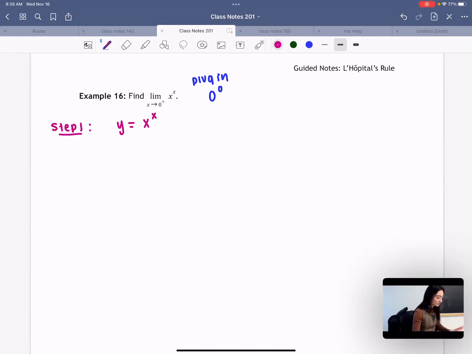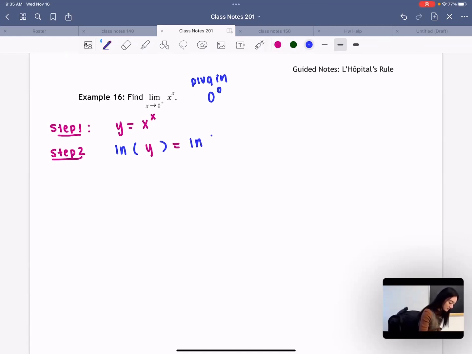So step one, pretty easy. Just let y equal to that. I saw everyone start step 2, which is taking the natural log of both sides. So we have the natural log of y equaling the natural log of x to the x. I think everyone was good with that too. Okay. Now, I think I saw most people do this.